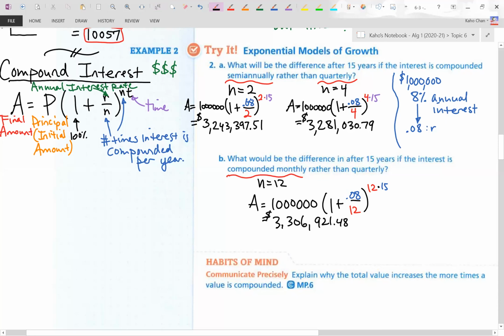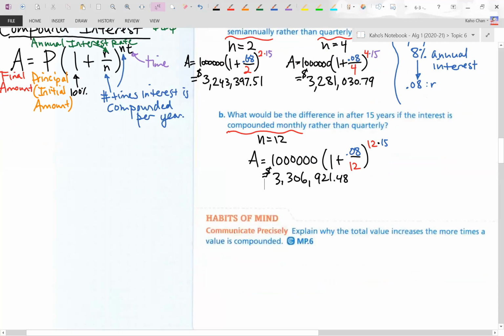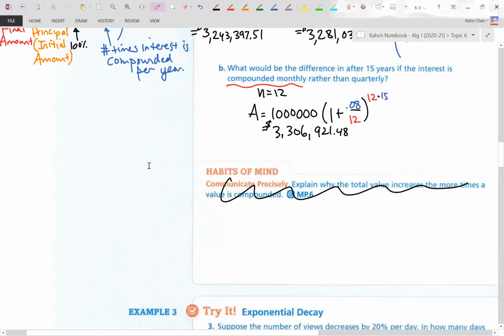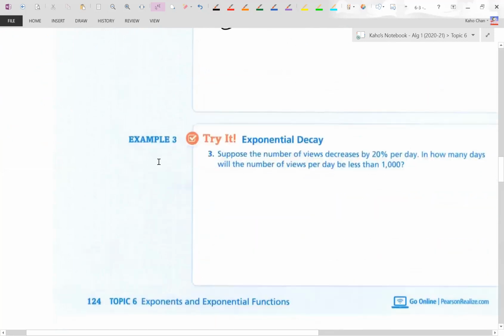All right. We're going to skip the habits of money and jump to example 3. Well, we've talked about exponential growth. We've talked about compound interest money. And now we're going to go to the opposite of exponential growth. We're going to go to exponential decay, when you're losing numbers.